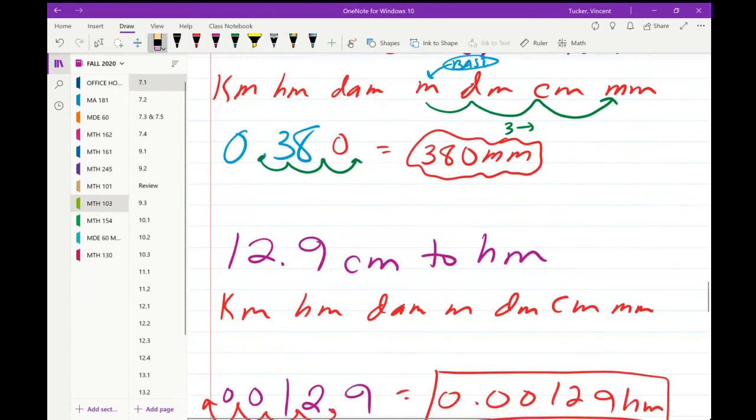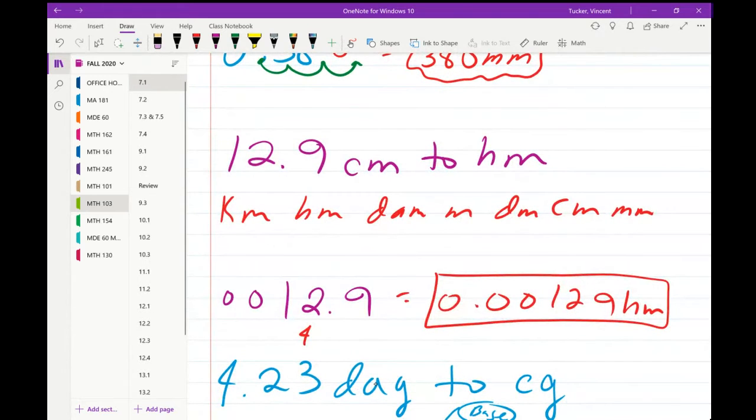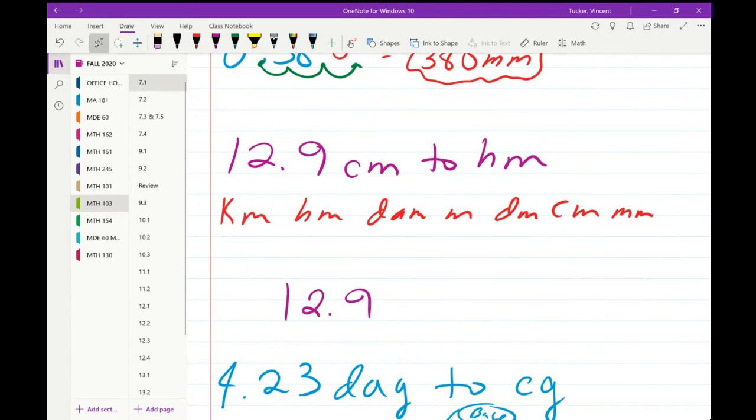This time we're going from centimeters to hectometers. Trying to erase this stuff and walk through it versus just having it up. We have 12.9 centimeters and we want to go to hectometers. So once again, I have our measurements listed in order. This time we're starting in centimeters and going 1, 2, 3, 4 to the left.